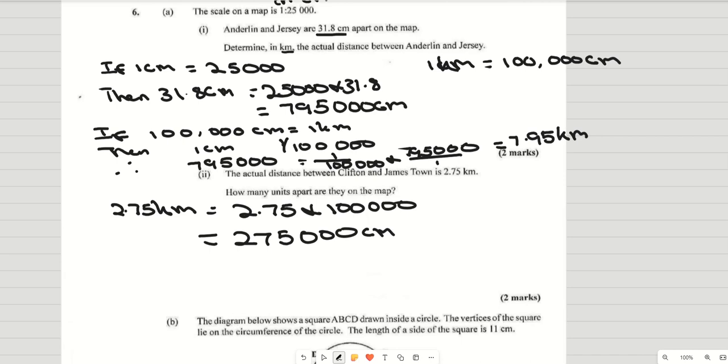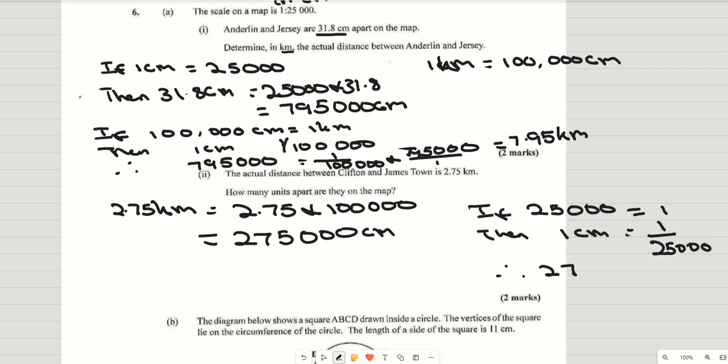Now we want to find out how many units there are on the map. So we know that if 25,000 is equal to 1 unit, then 1 centimeter would be 1 over 25,000.